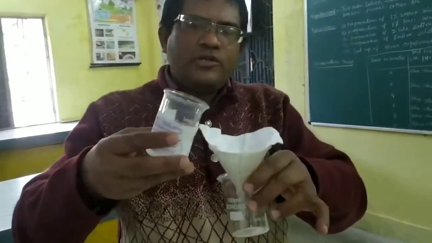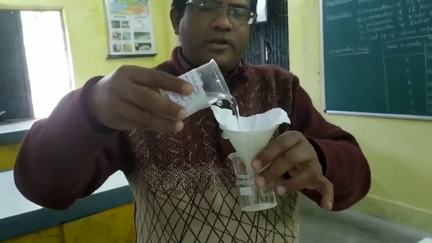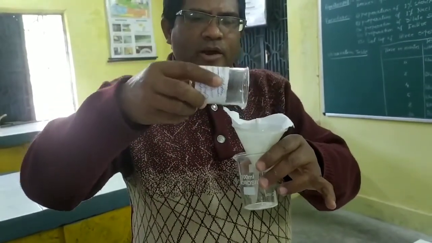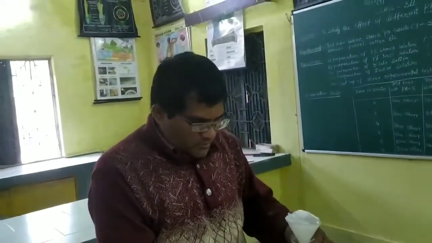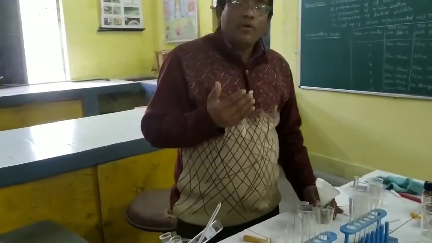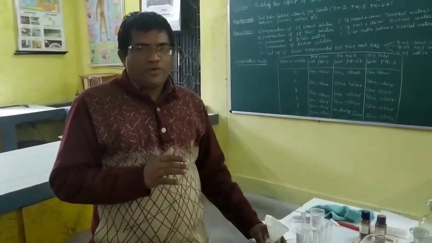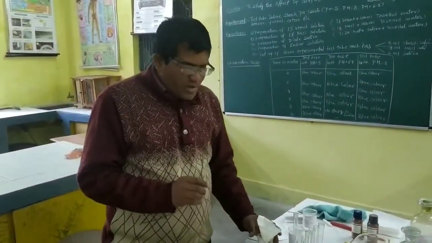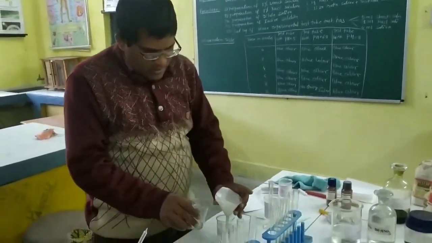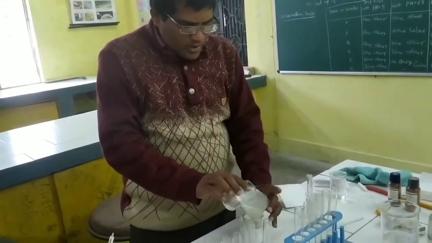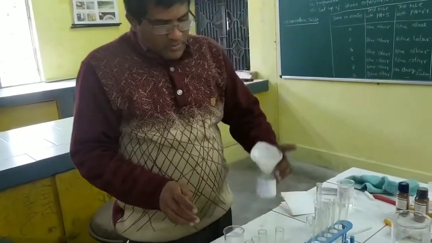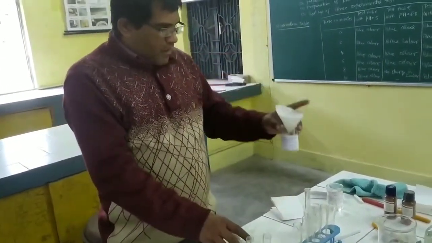Here is the filter paper and the solution is filtered. After some time, the solution is filtered, and when it is filtered we get the 1% starch solution.